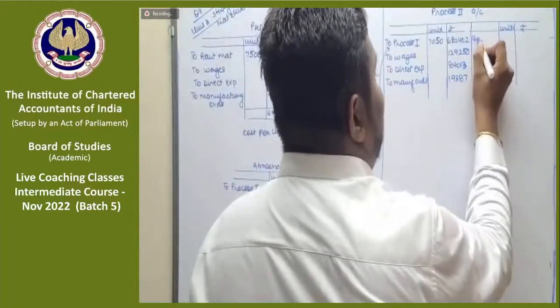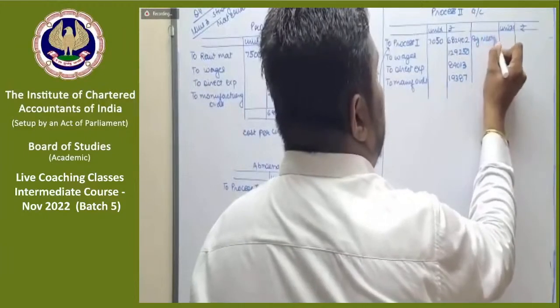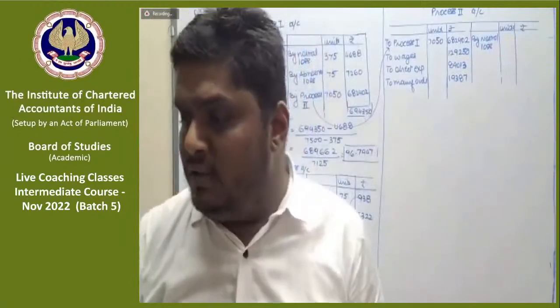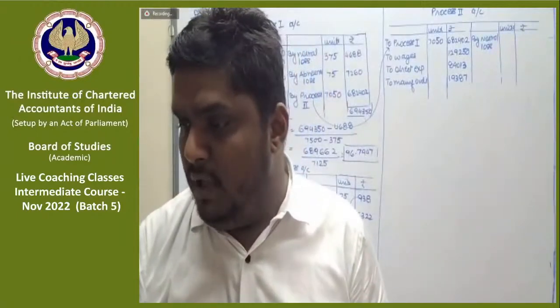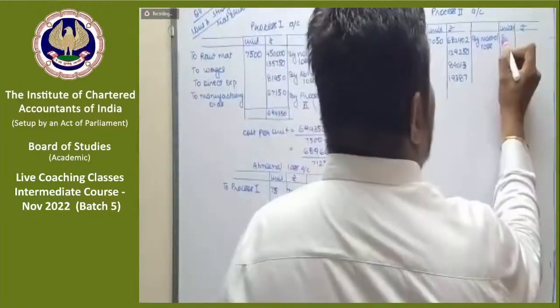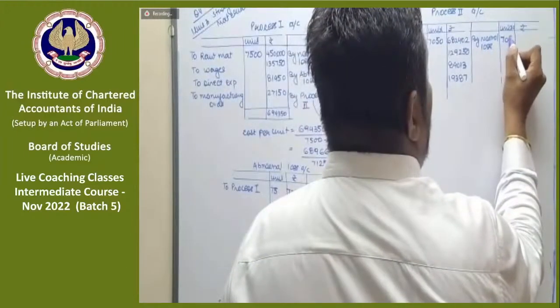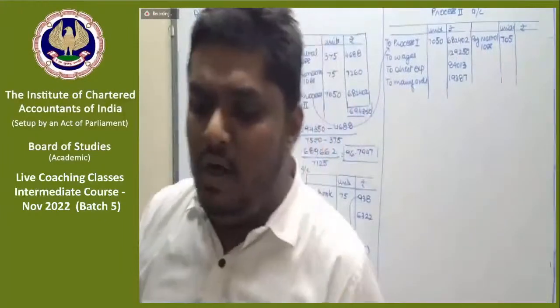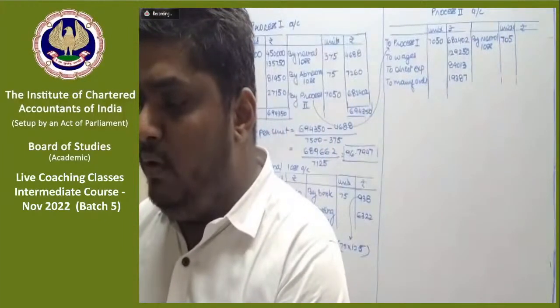Further, it is given that the normal loss is 10% of the input. So this will be 705. It is given that in process second, the normal loss will be 10% of the input.